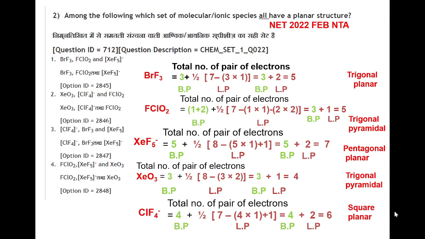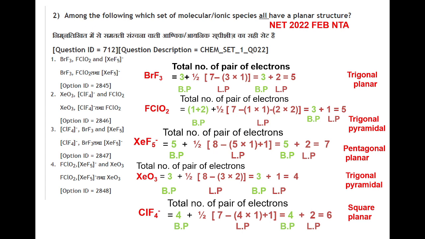That means BrF3, XeF5, ClF4 minus, FCl2. Okay, answer 2 is the correct answer. Listen, look at option 2: XeO3, ClF4 minus, FClO2, all have the planar structure.